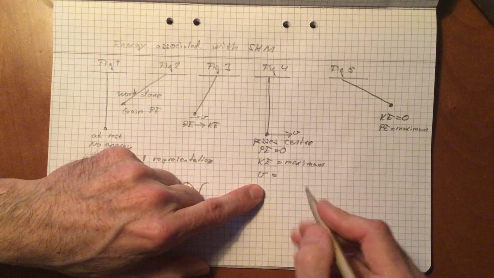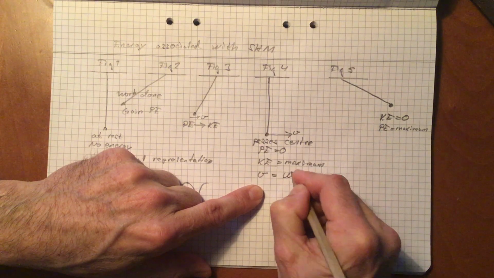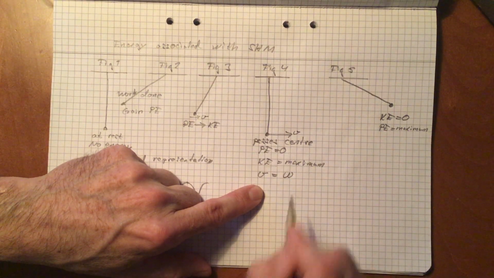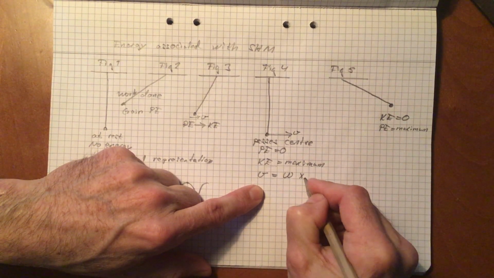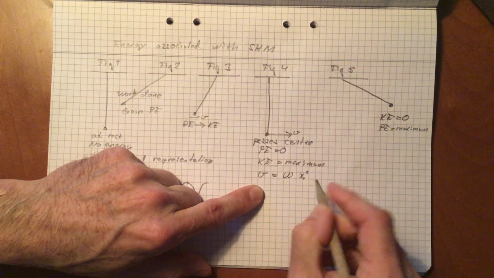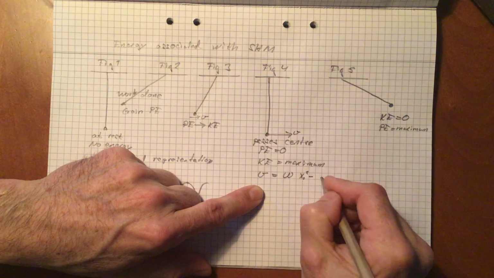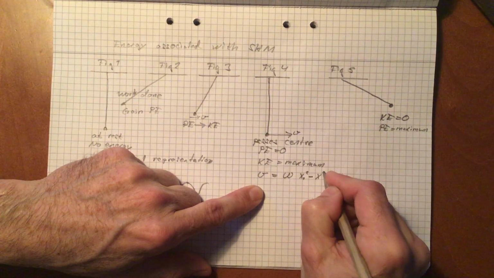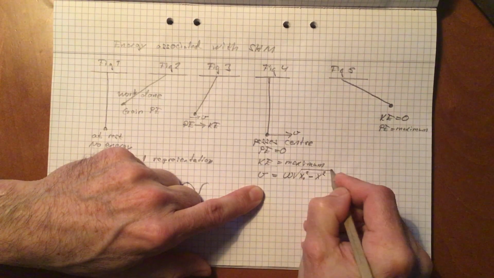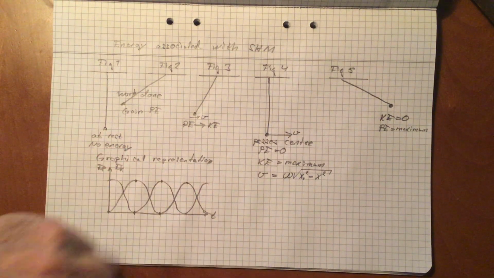Then the velocity depends on the angular frequency, and on the displacement. Well, on the amplitude, but that's a constant, minus the displacement, and you square it, and you take the square root of it.